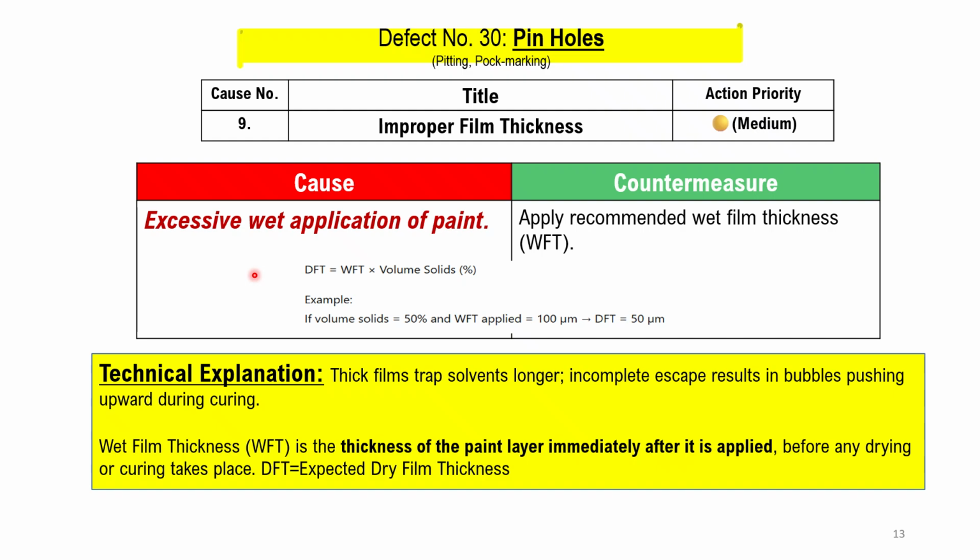For example, if volume solid is 50% and wet film thickness is 100 microns, then DFT, that is dry film thickness, would be approximately 50 microns. In this case, the recommended countermeasure is to apply the recommended wet film thickness.